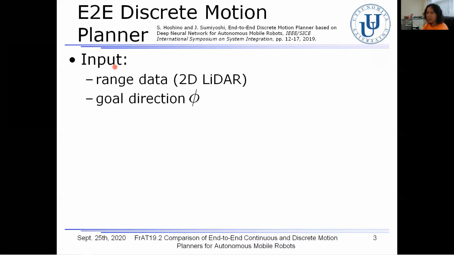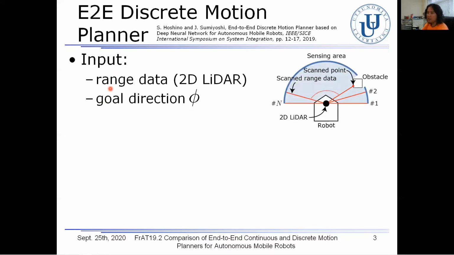In this motion planner, range data and goal direction were used as the input. As for the range data, we assume that the robot is equipped with a 2D LiDAR sensor, as you can see here. Then each time the robot scans the environment from 1 to n, in total, n range data are used as the inputs.